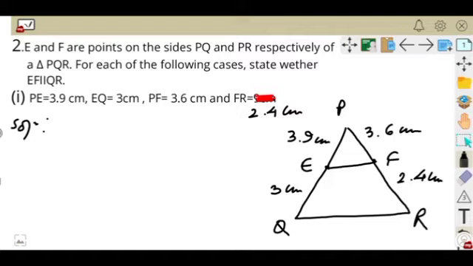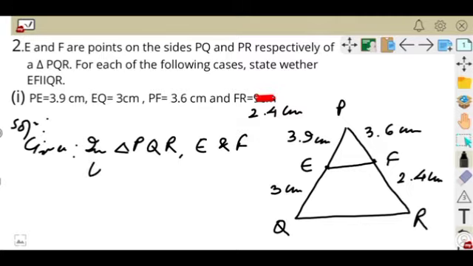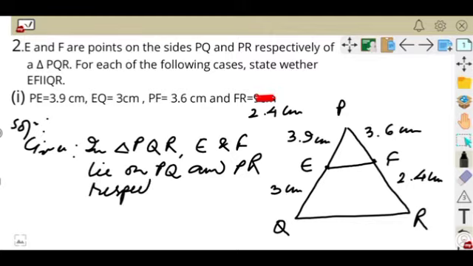First I'll write given. In given, I'm going to write in triangle PQR, E and F lie on PQ and PR respectively.